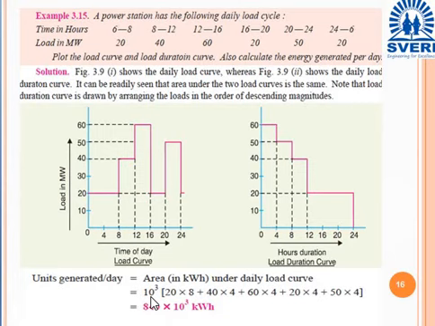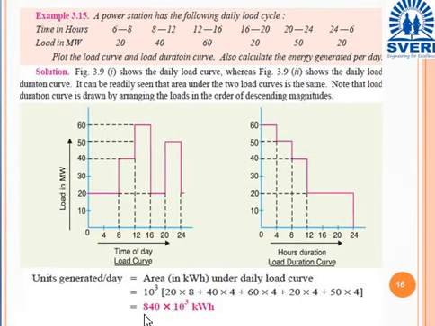So the load of 20 into 8 plus 40 into 4 plus 60 into 4 plus 20 into 4 plus 50 into 4 gives units generated of 840 into 10 raised to 3 kilowatt hour.